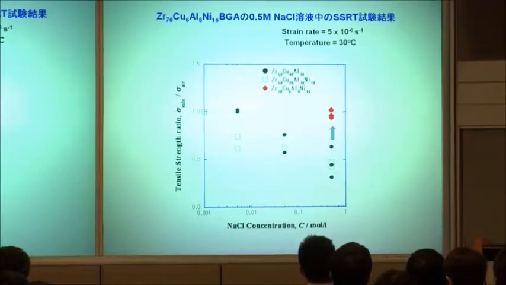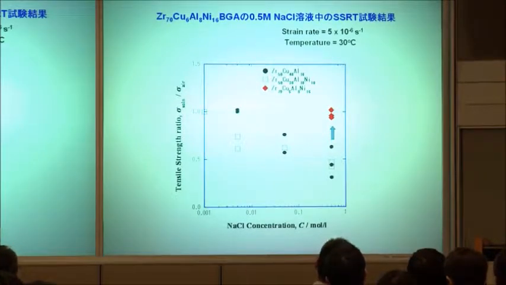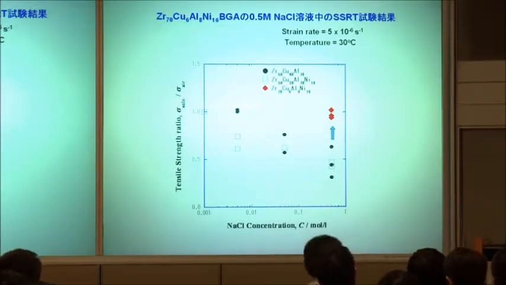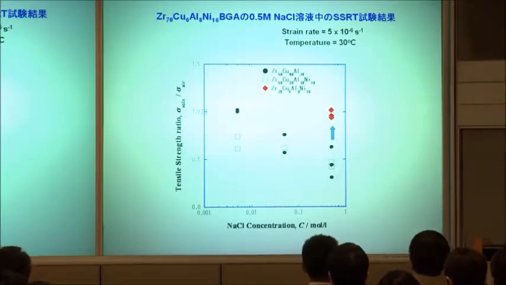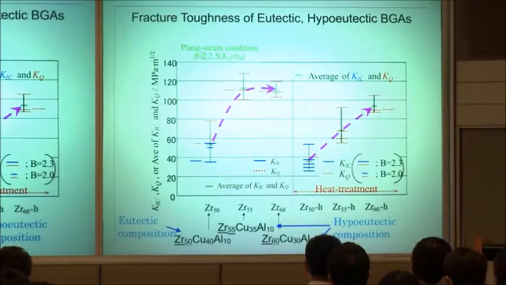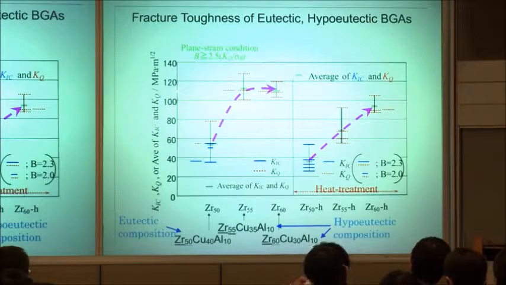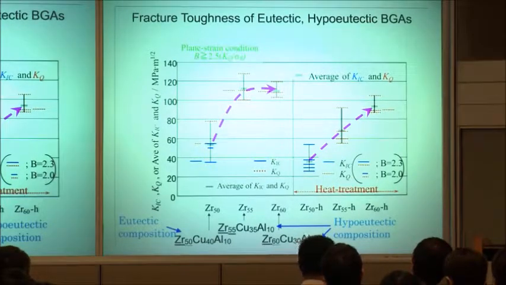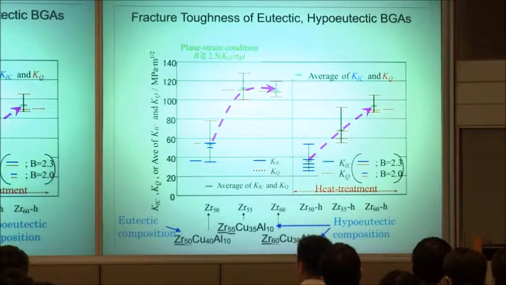Also, we didn't get any degradation of tensile strength evaluated by slow strain rate testing, indicating that these alloys show a high resistance to stress corrosion cracking in sodium chloride solutions. This zirconium-rich alloy also shows a very high fracture toughness of 110 megapascal root meters, and the high level is maintained even after annealing treatment.